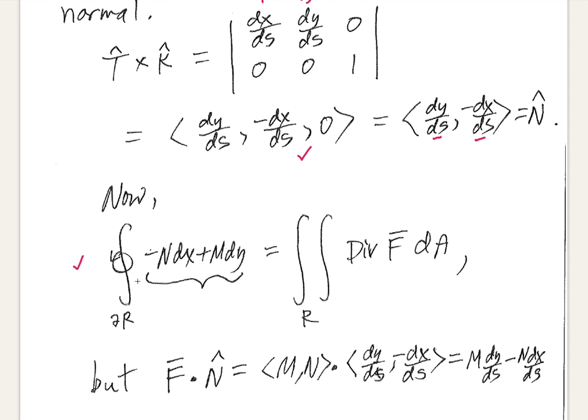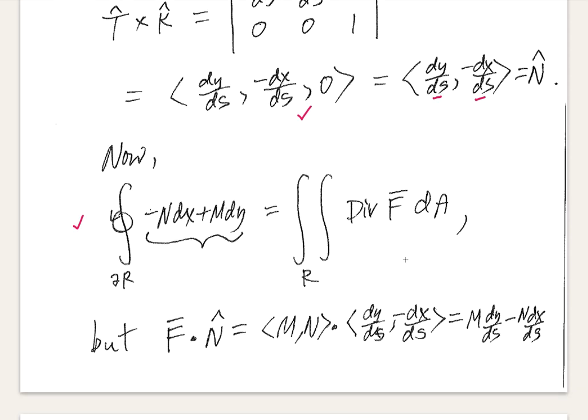Now let's go ahead and look at this expression that we just showed above. I've got this line integral, negative n dx plus m dy, is the double integral of the divergence over the region R. Let's just take a quick dot product here. I want to show something. F dotted with n hat would be m, n dotted with dy over ds, negative dx over ds, and this ends up being m dy over ds minus n dx over ds.